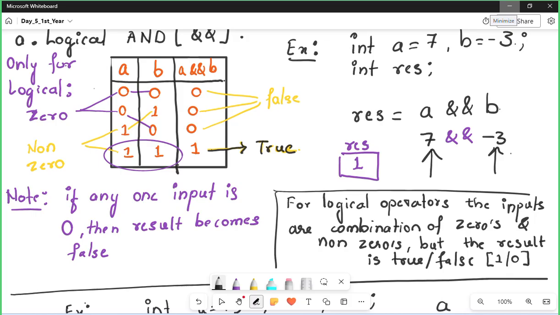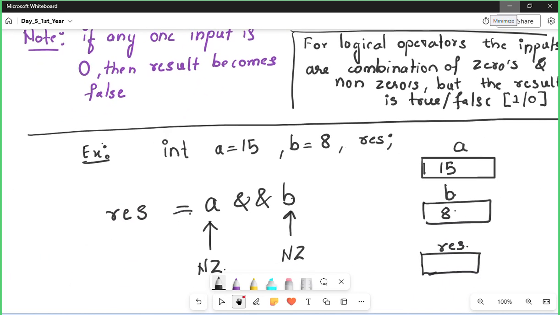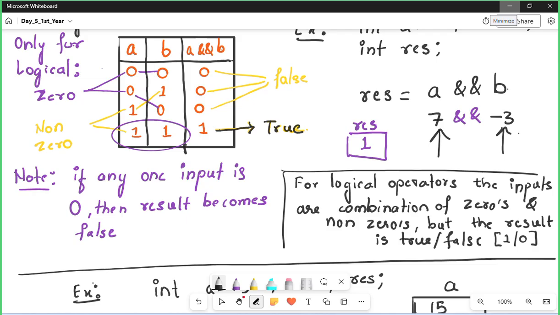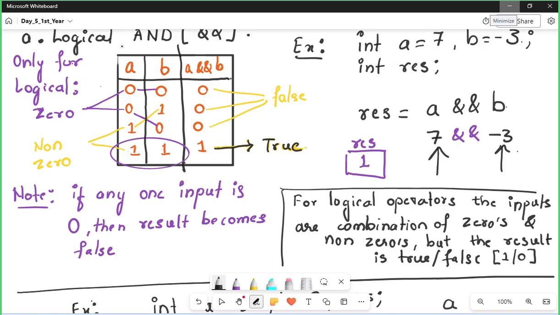Are you understanding? So this 15 and 8, they are representing 1 and 1 as an input in the table. The one which is present on the input side, these are inputs, and this is output. On the input side, in the table, we have written 1.